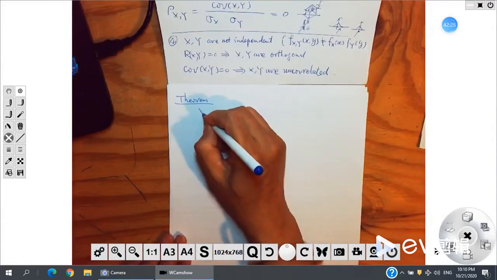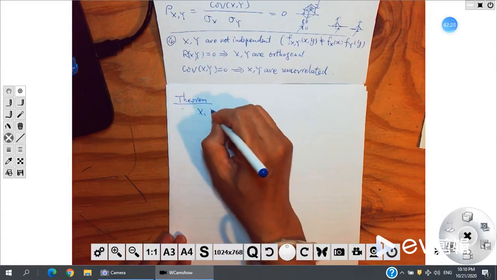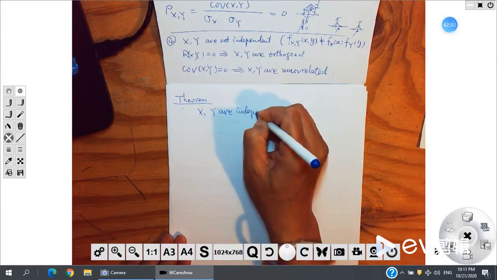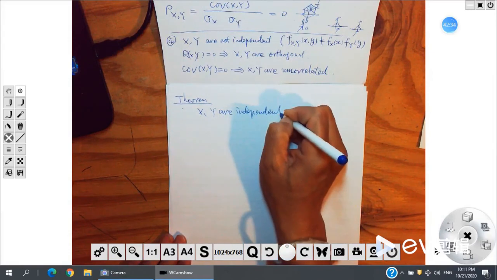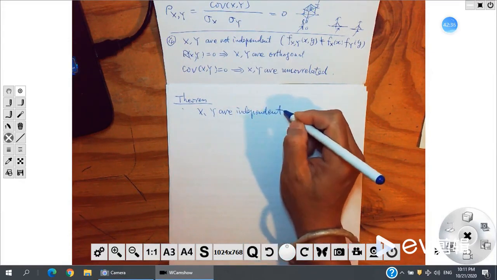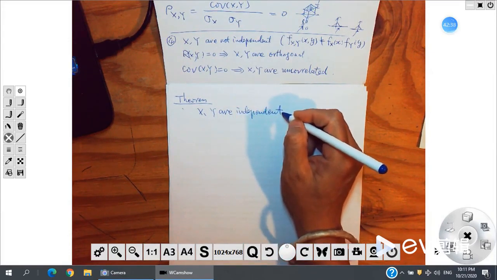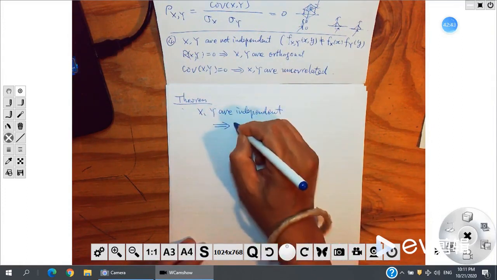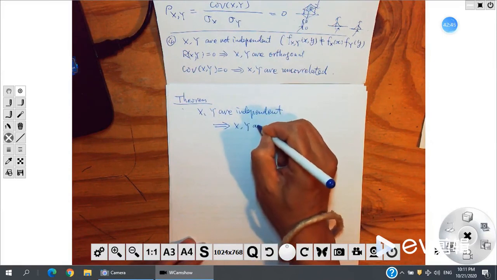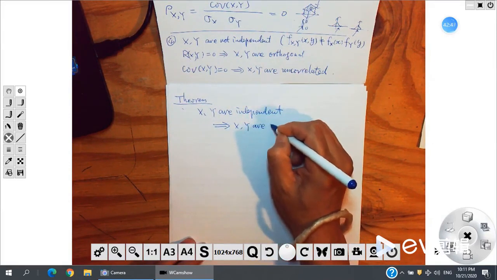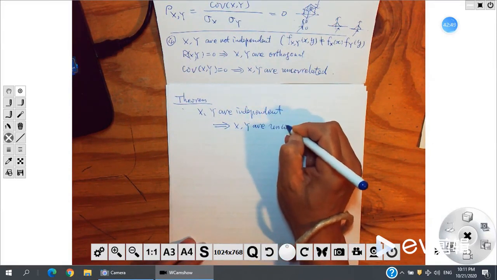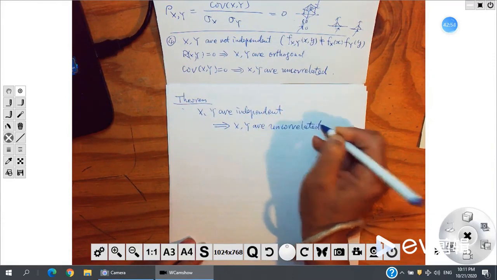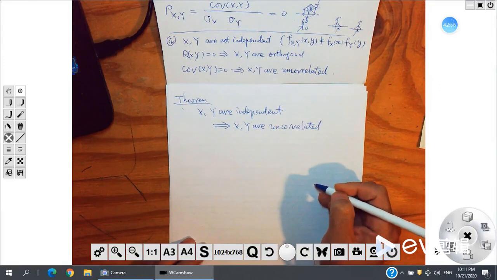If x and y are independent, then we can have the result that x and y are uncorrelated.